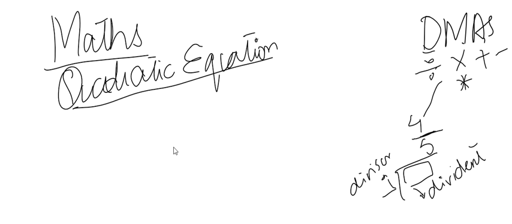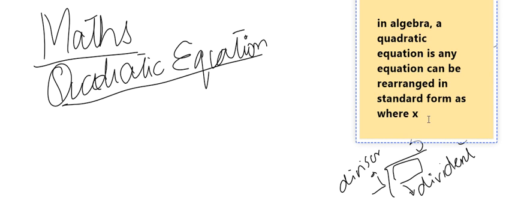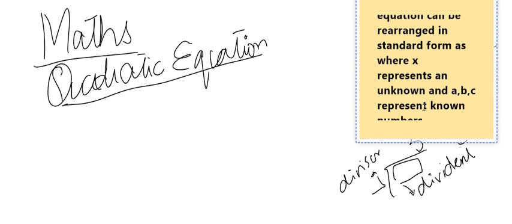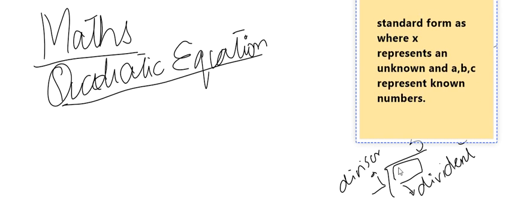If we read its definition, then we can say that in algebra, a quadratic equation is an equation that can be rearranged in standard form as ax square plus bx plus c equals 0, where x represents an unknown and a, b, c represent known numbers.